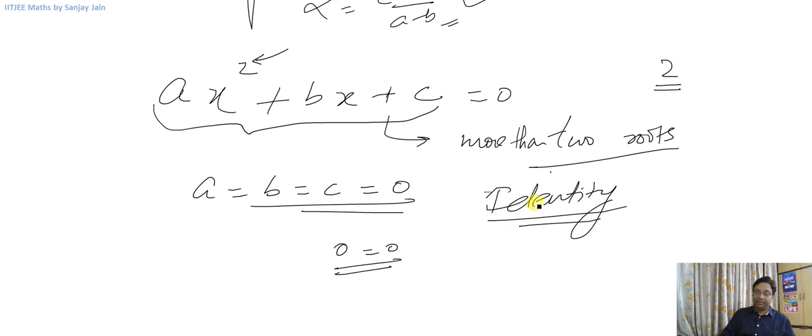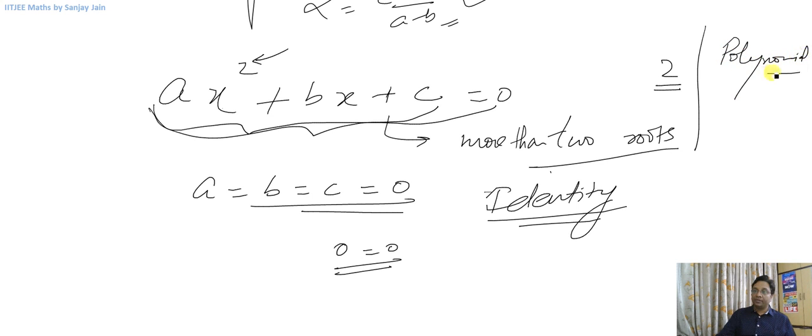What do I mean by identity? That it will satisfy at infinite values of x, or you can take any value of x and it will satisfy, right? We have talked about it in case of quadratic expressions in the chapter polynomials, so you can go through that also. But for now you can consider that if there is a hint that it has got more than two roots, then clearly the coefficients are all zeros.